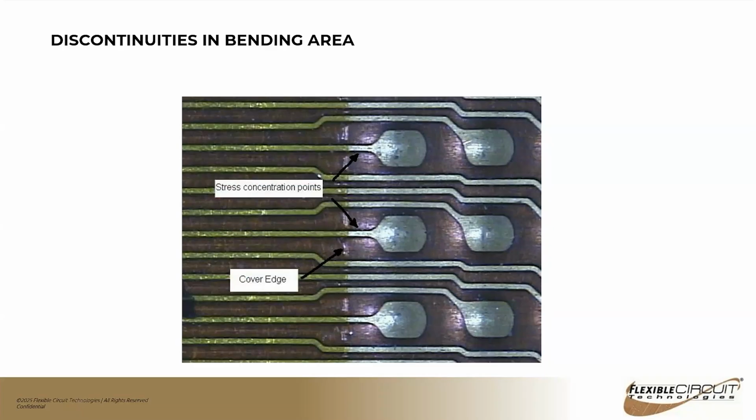You want to try to bring the coverlay as close to the pads as you can, because again, this is not ductile. There are some surface finishes that are more ductile, but anything that you're soldering to, you're really going to want to try to avoid bending anywhere near those locations.